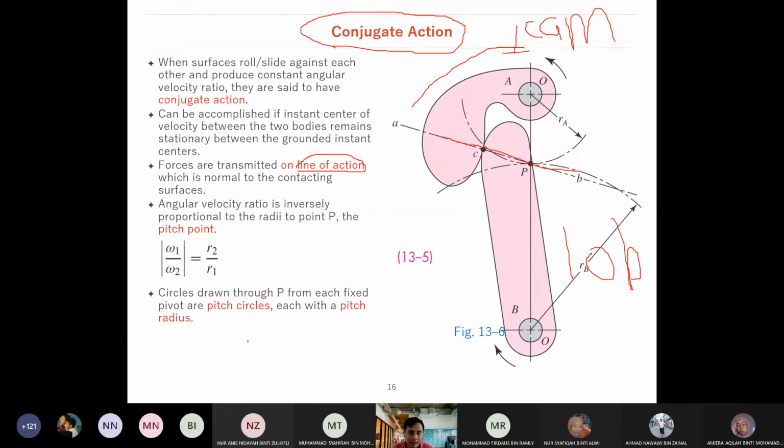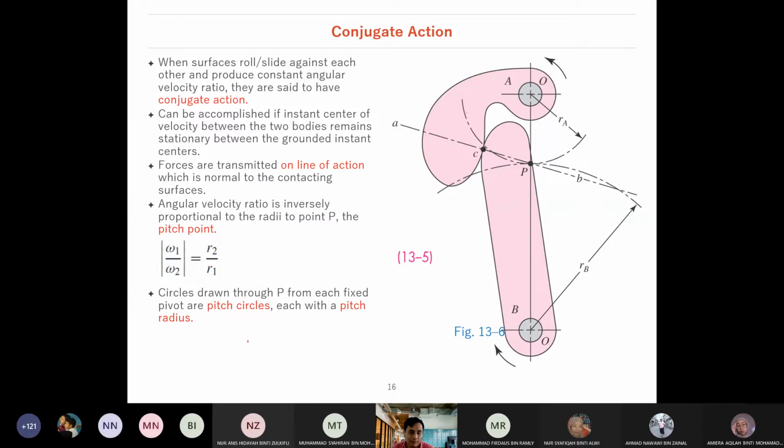Saya rasa awak boleh bayangkan, sebab awak naik basikal kecil-kecil dulu. Katakanlah ini basikal awak, this is pedal awak. Biasanya kalau awak nak go to higher RPM, usually awak akan ambil gear belakang awak mesti kecil.